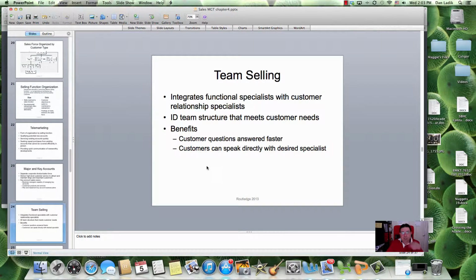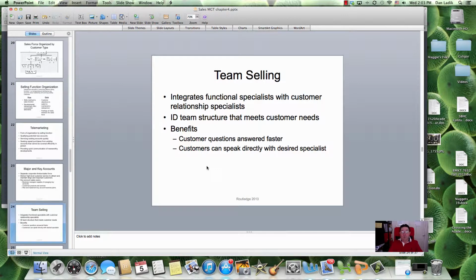Now, this bleeds into what we call team selling. Sometimes you need functional specialists with relational specialists because the product or service that you're selling is very technical. So you have a salesperson, you have a tech person, but you also have a customer service team that are involved with that. You could go on a sales call, it could be 5 people from the company.